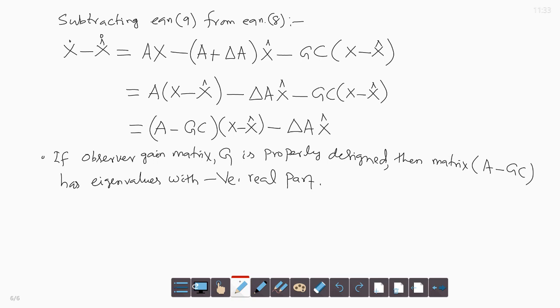So from this equation, because error is x minus x hat, we have error dynamics: E dot, left hand side, is A minus GC into error, that is x minus x hat, minus delta A into x hat.